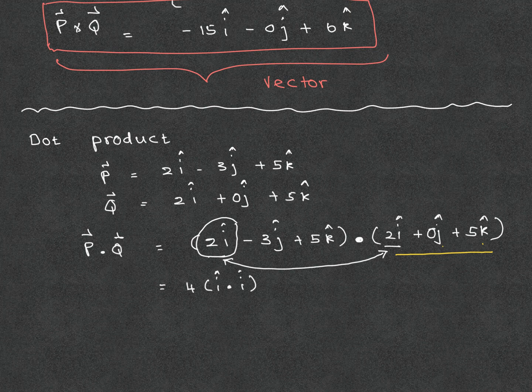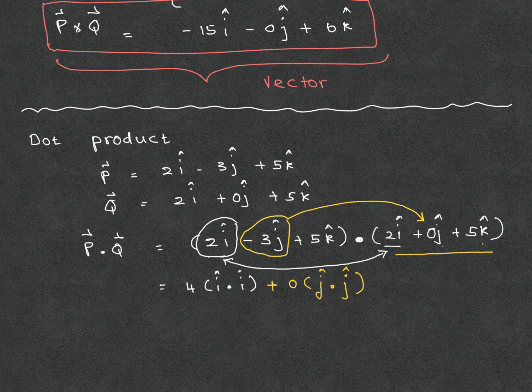And then the next term is negative 3 j hat. Don't exclude the negative sign. The negative 3 j hat and 0 j hat, those are the only things that actually matter. In this case, it doesn't really, but I am just writing down the like terms. And the negative 3 times 0 is a 0.